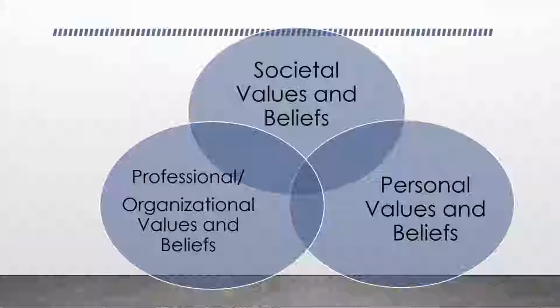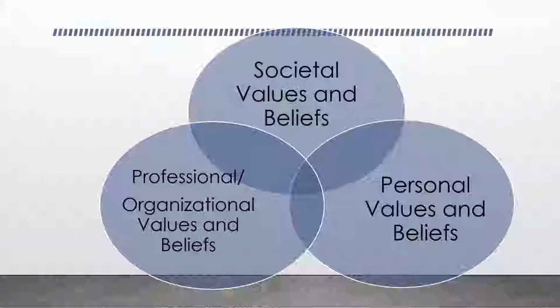We recognize as social workers that environmental context plays a huge role in whether or not an individual and their family can access the resources they need to get out of poverty. And so again, there are times when there's congruence between beliefs and values, but often there are times when these come into conflict.